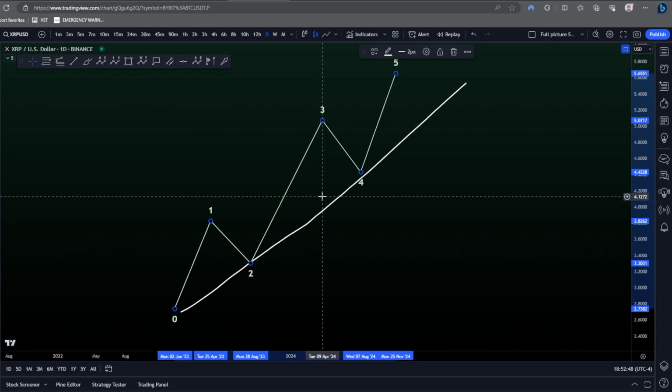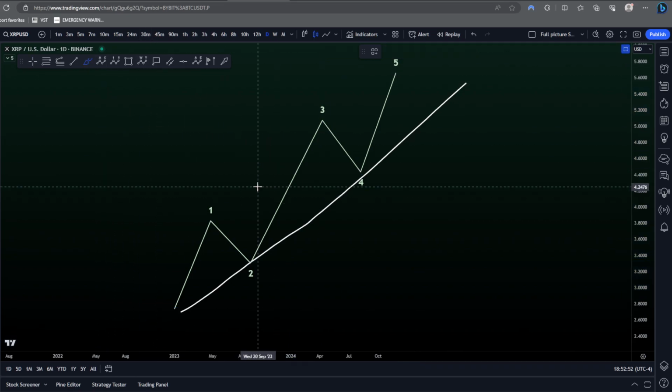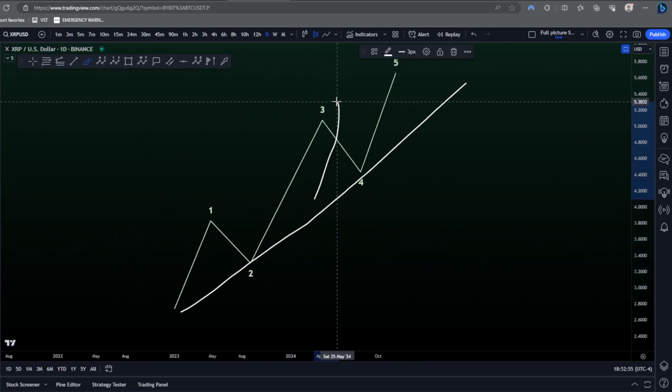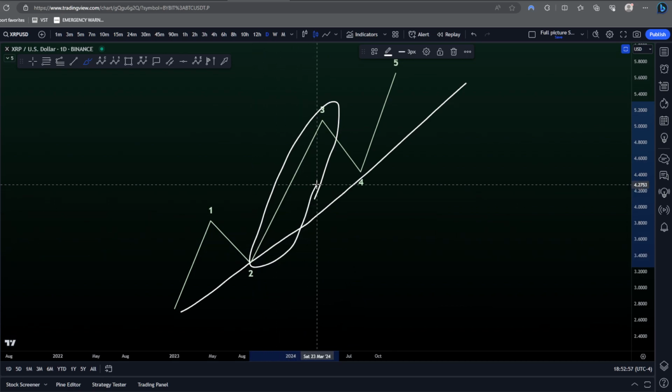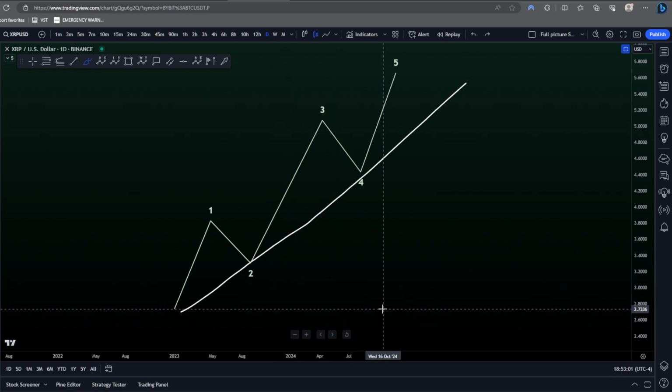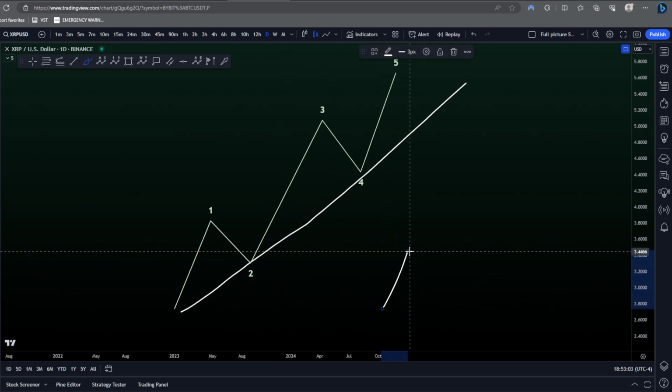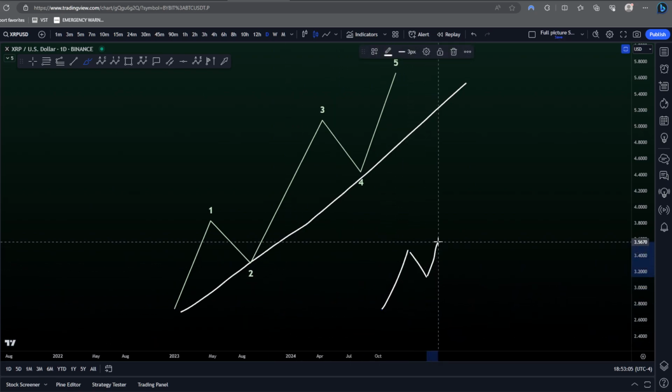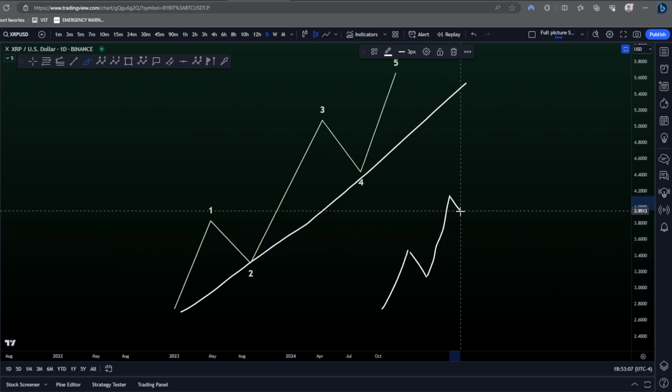The rules that you need to know with impulse waves. The main point: this 3rd wave cannot be the shortest wave. So, wave 1, wave 2, wave 3, wave 4, wave 5.